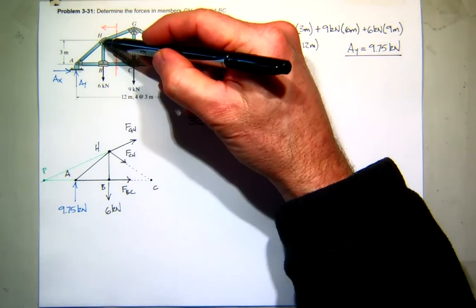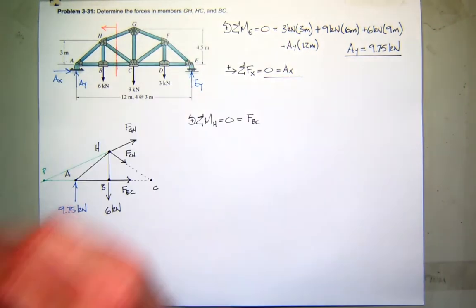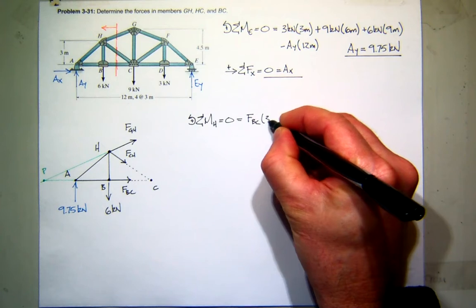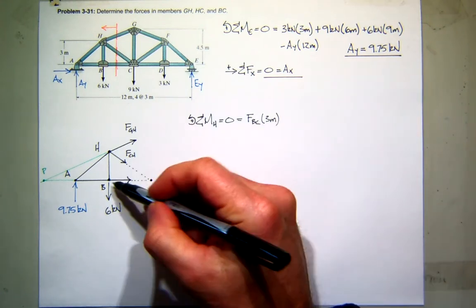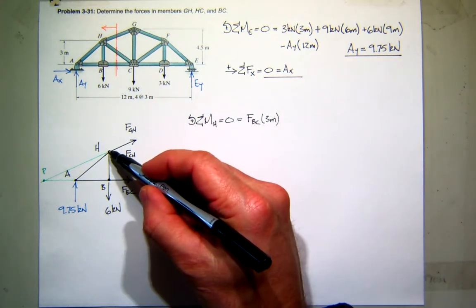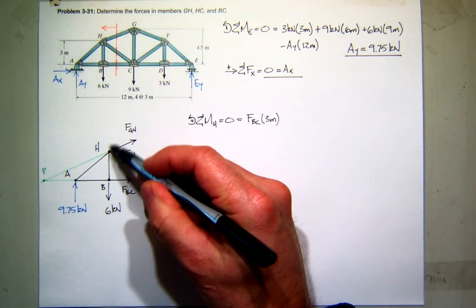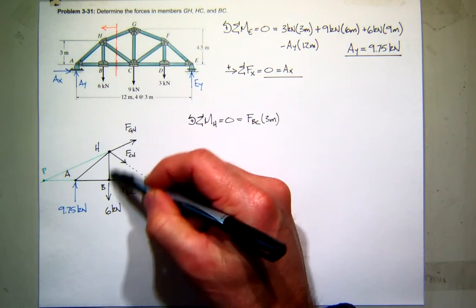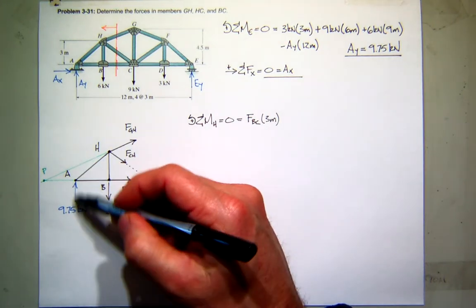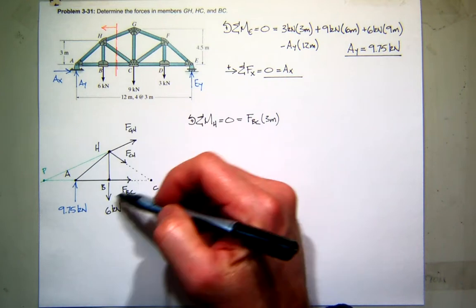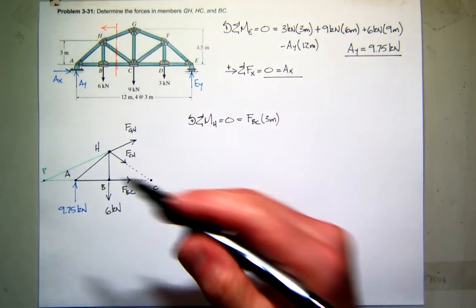What is that distance right there? Well, it's given as 3 meters. So that force is creating a positive moment about H. This applied 6 kilonewtons passes through H. That's no moment. But I do have a reaction, and that's creating what kind of moment about H? Negative.